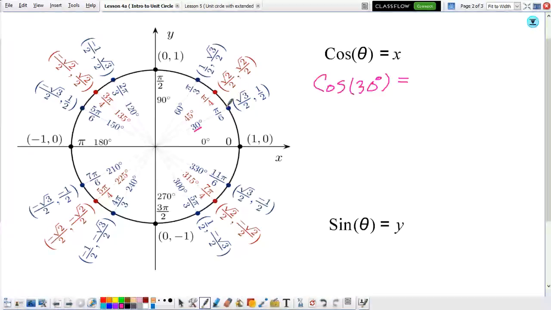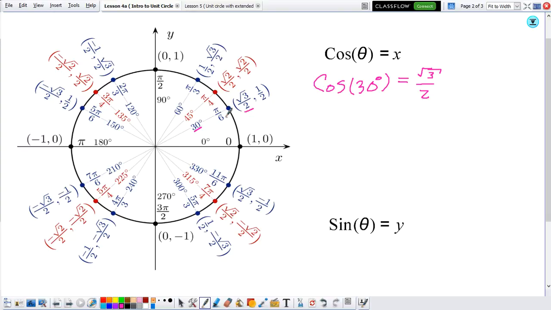We look at its coordinate point, and remember that cosine is the x value. In this coordinate point, my x value is square root of 3/2. So the cosine of 30 is square root of 3/2. And that's pretty much it. This is how you find cosine values and sine values. Well, sine we're going to see later on, but cosine, this is how you find them.